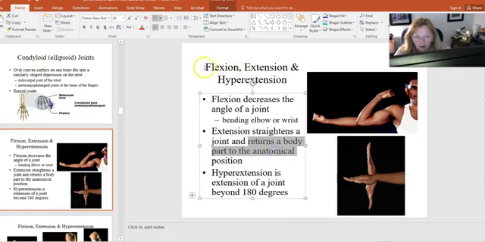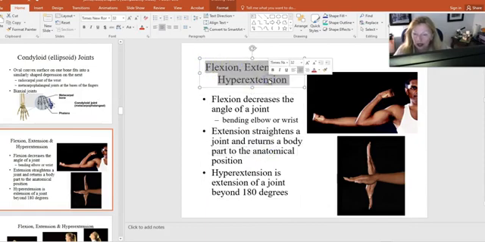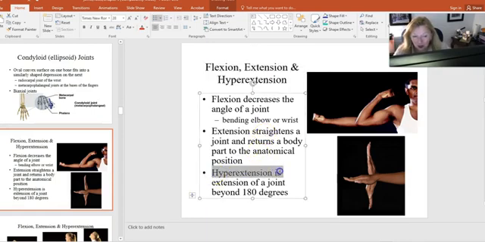Again, all of this terminology is based on either going from anatomical position or back to anatomical position, or even hyperextending. Hyperextension of a joint is going beyond that. Now, an elbow should never hyperextend. There are some joints that can hyperextend.